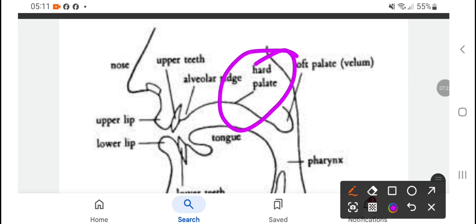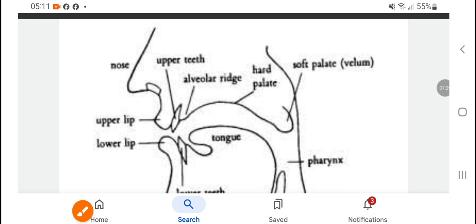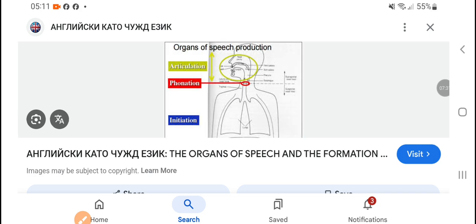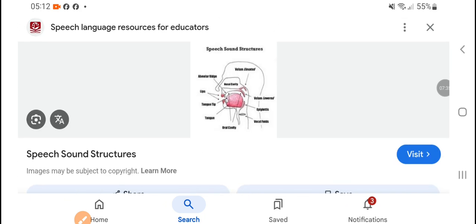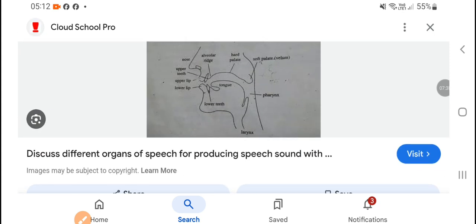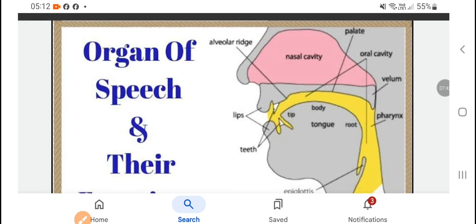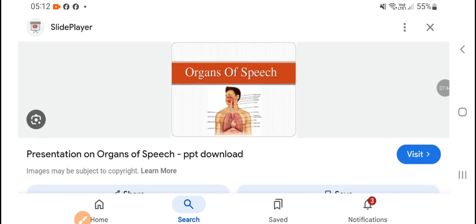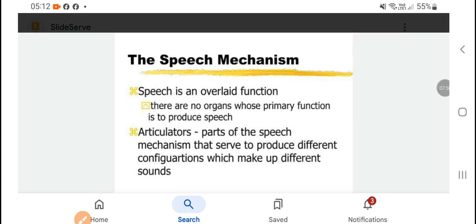This is the hard palate and this is the soft palate, which is also called the velum. Okay. Now the next diagram. Actually, I wanted to show you the mechanism. We'll discuss the mechanism also.